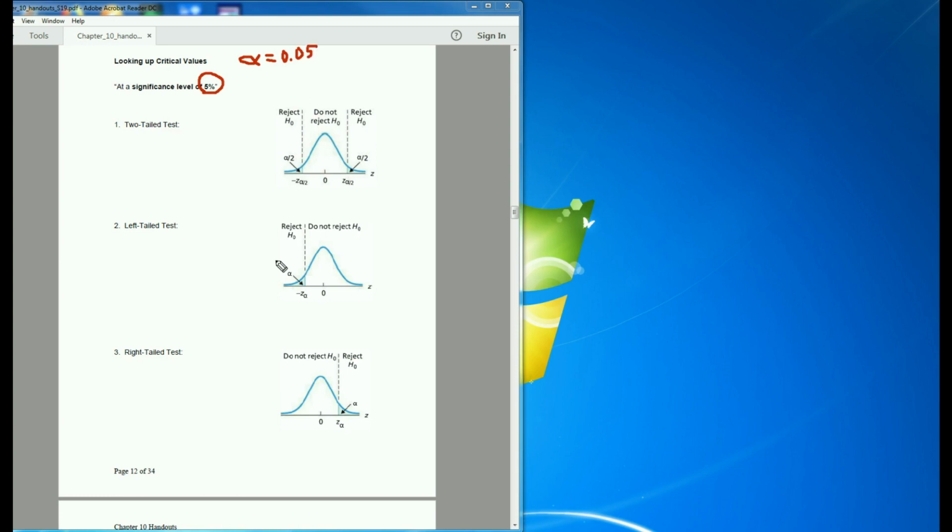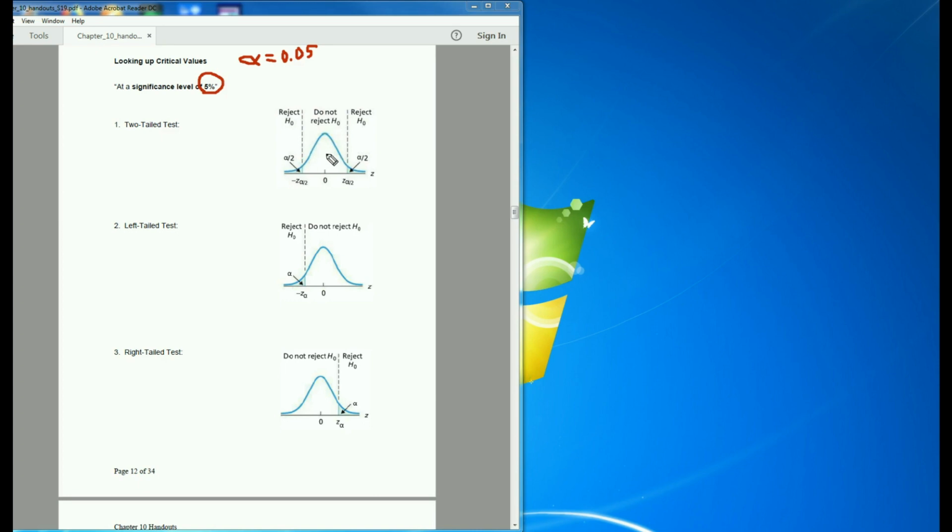All right. So for a two-tailed test, that means, okay, I want to take that 5% area, the significance, and put it into the tails. So this is kind of the opposite of the confidence intervals. When we did the confidence intervals, we said 95% confidence means we want to put 95% of the area in the middle, right?